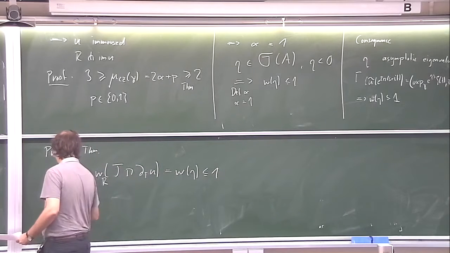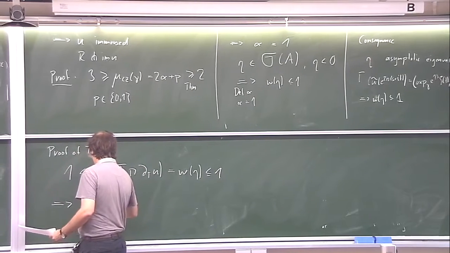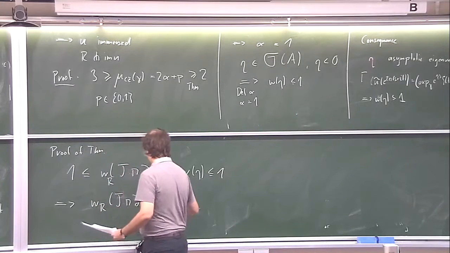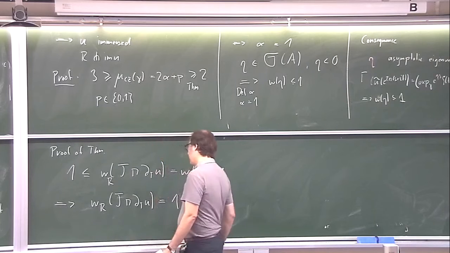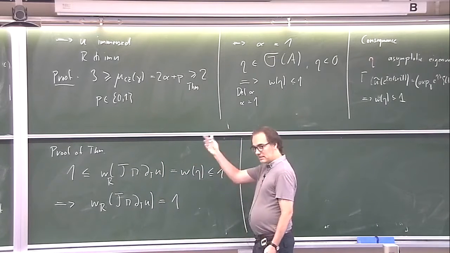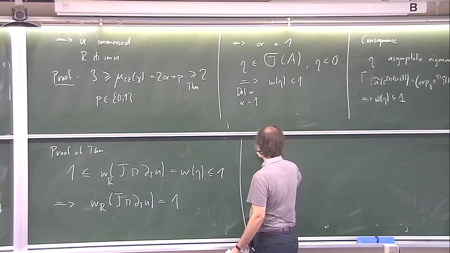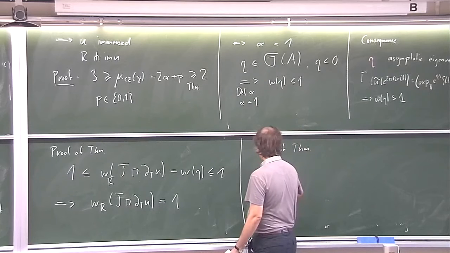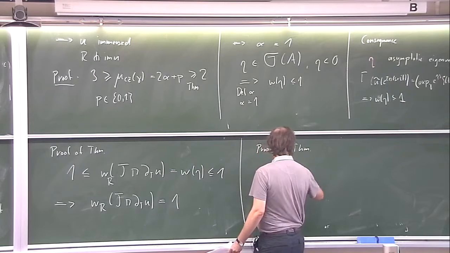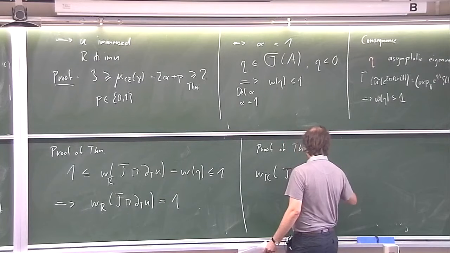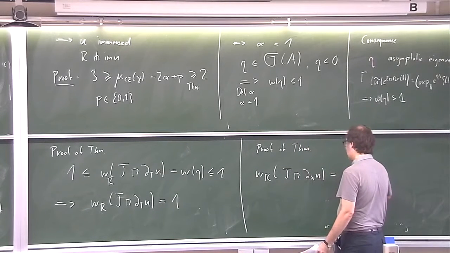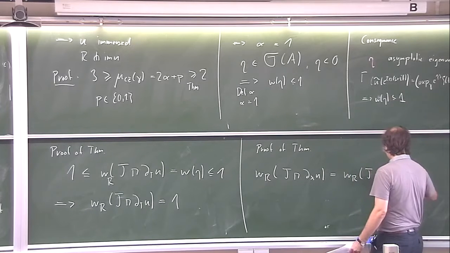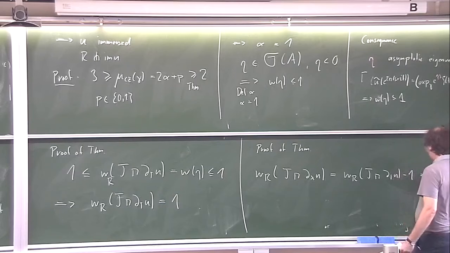So it follows that WR of tau pi dRu is 1. And as we just discussed before, again in the proof of the theorem, WR of tau pi dxu equals WR of tau pi dRu minus 1. So in this case it has to be 0.